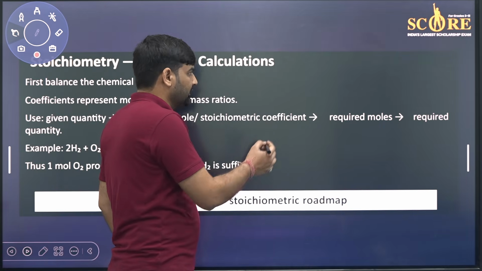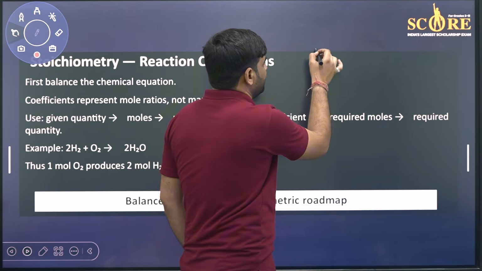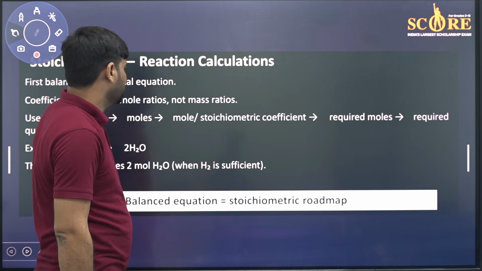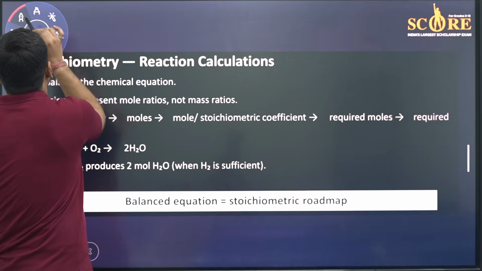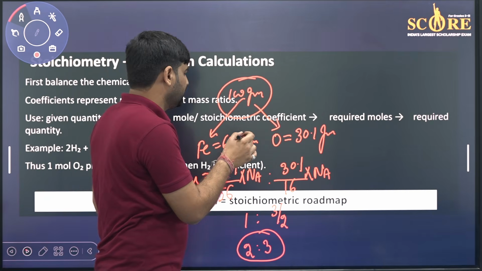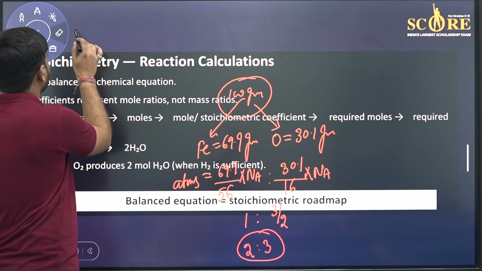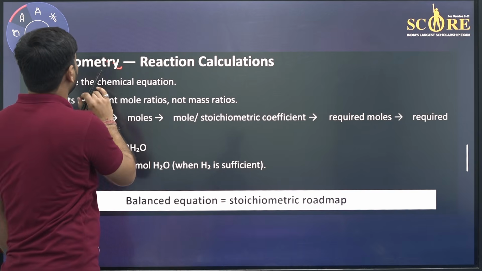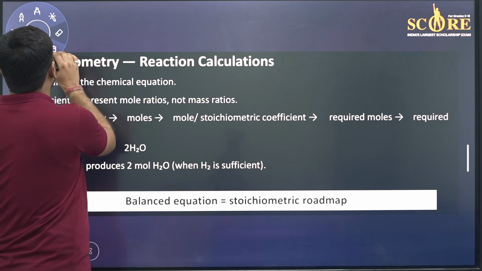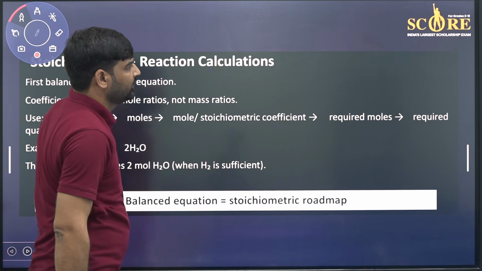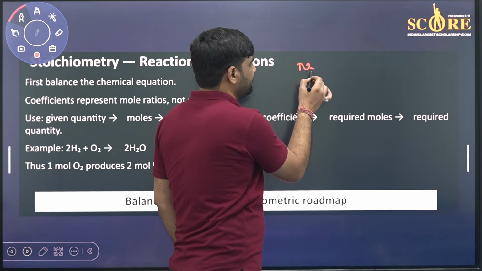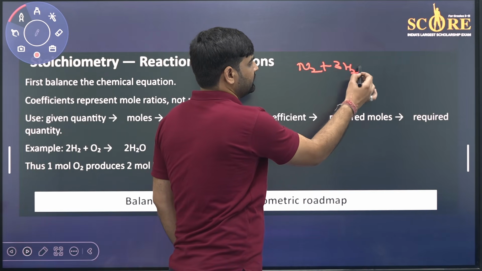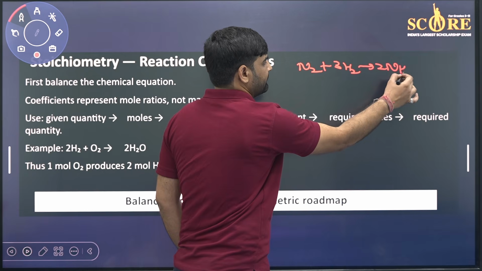If we take the example of the Haber process in ammonia preparation, a simple example is N2 plus 3H2 converts into 2NH3.